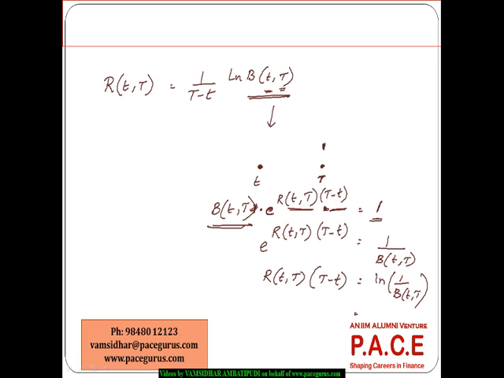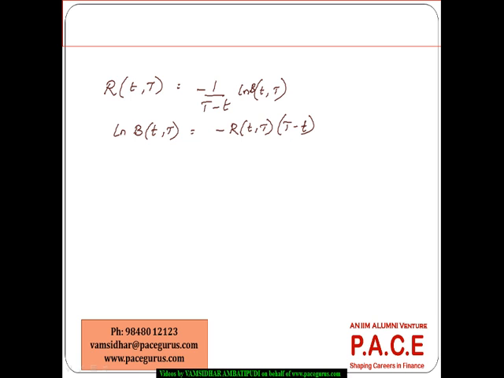Log 1 by x, I can write as minus log B(t,T). So from here I can write R(t,T) is equal to minus 1 by (T minus t) times log B(t,T). This is the relationship between the spot rates and the price of the bond.